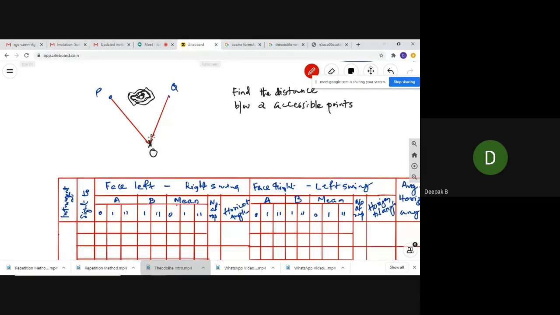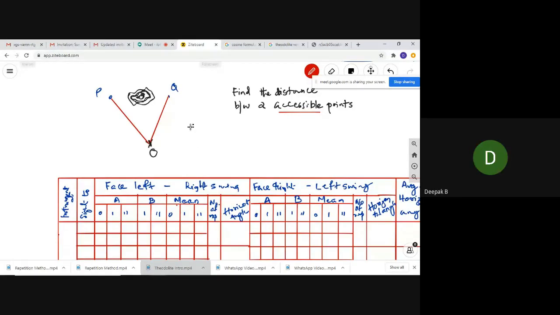Okay, OP and OQ can be measured. Is that clear? But the problem is we cannot measure PQ, which is why it is called accessible points. This is your problem. Is the problem statement clear? Please confirm.